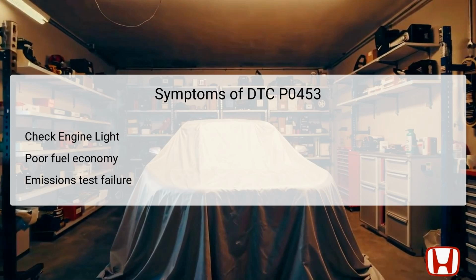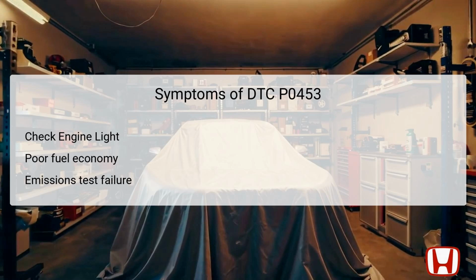The first and most immediate symptom is the illumination of the check engine light, which alerts the driver to potential issues within the vehicle. Additionally, drivers may experience poor fuel economy, as the faulty sensor can lead to incorrect fuel mixture calculations by the ECM. This incorrect mixture can cause the engine to use more fuel than usual.